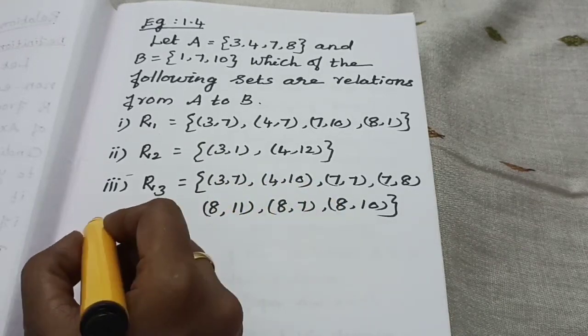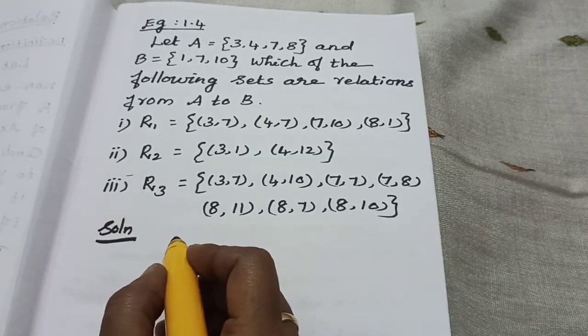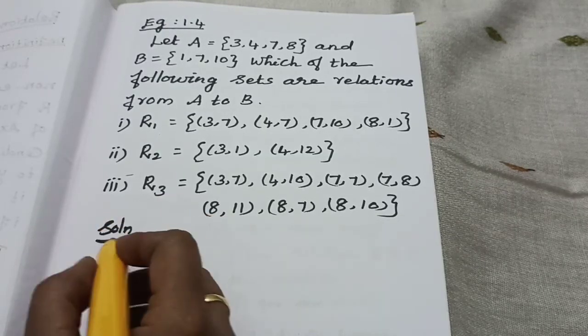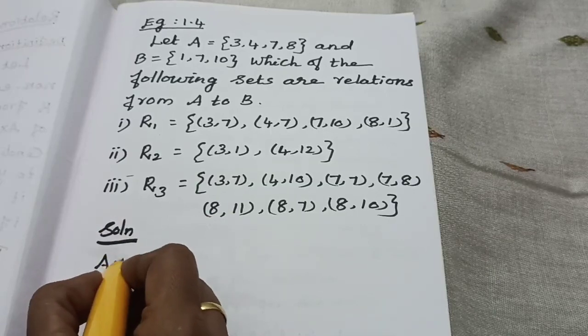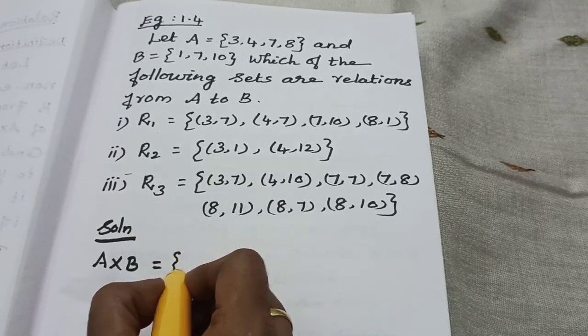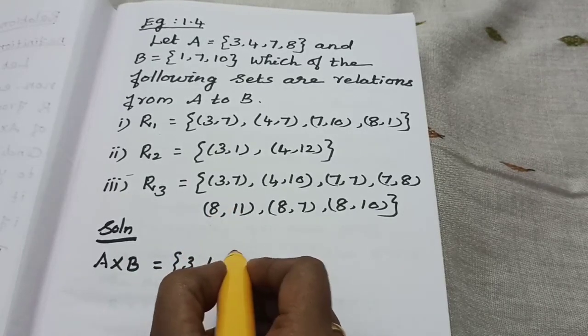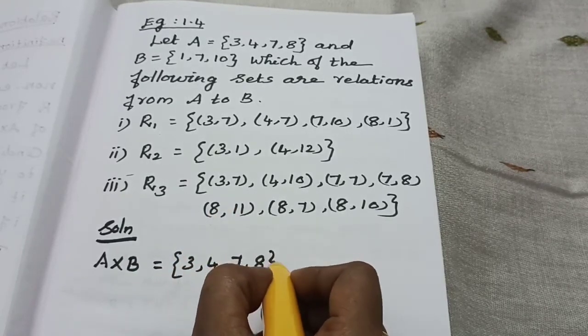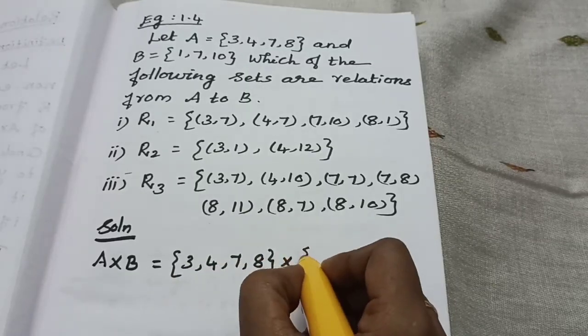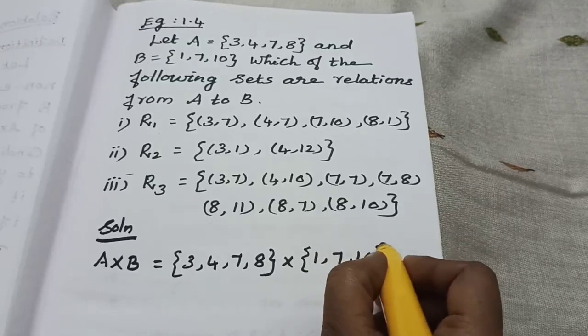Okay, so first of all, we have to find A cross B. You already know, first we should write the A set: 3, 4, 7, 8. Then cross B, where the B elements are 1, 7, 10.